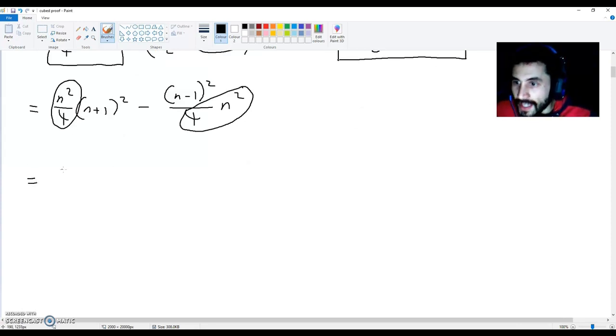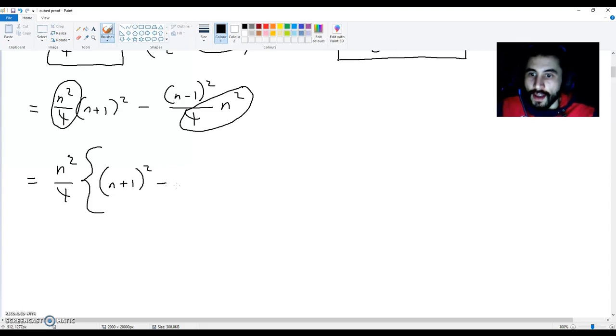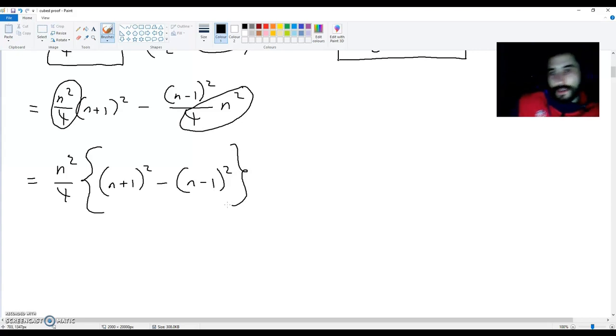This means that we end up with n squared over 4 multiplied by, in brackets, (n plus 1) squared minus (n minus 1) squared. Okay, and we are going to simplify further from here.